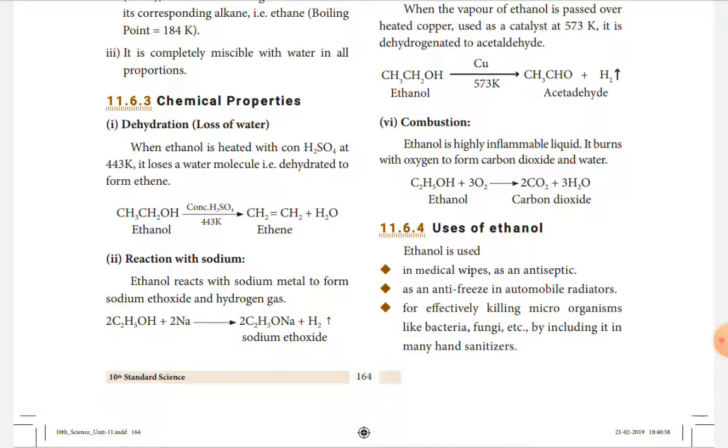Then the reaction with sodium metal: sodium reacts with ethanol to form sodium ethoxide. 2 moles of ethanol react with 2 moles of sodium to give 2 moles of sodium ethoxide and liberate hydrogen gas. Similarly, when metals react with acids, like sodium or magnesium with hydrochloric acid or sulfuric acid, hydrogen gas is liberated by forming a metallic salt.